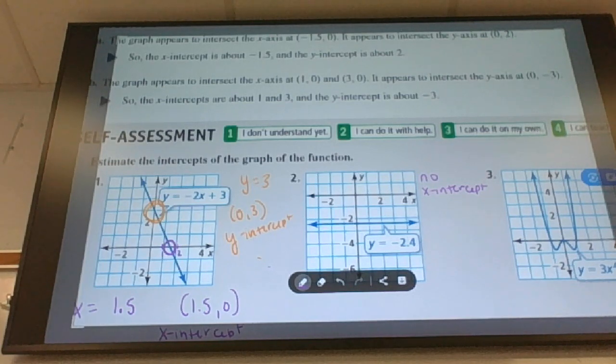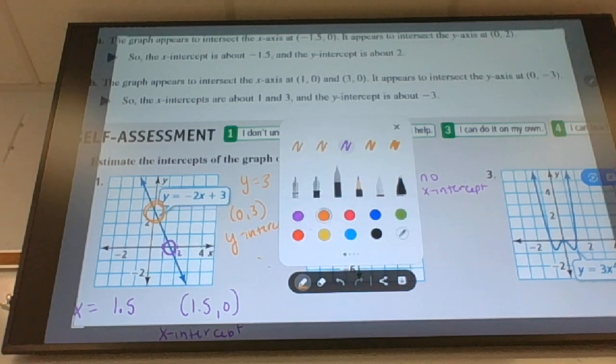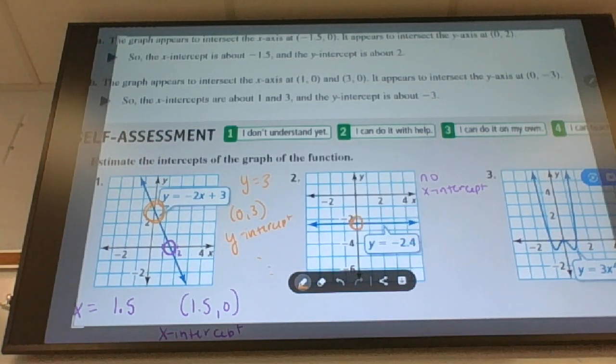The y is right under. Let's say like 1.2 on the line is exactly right under 2.